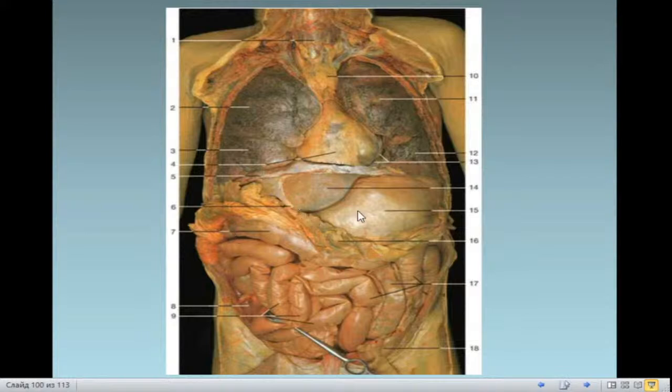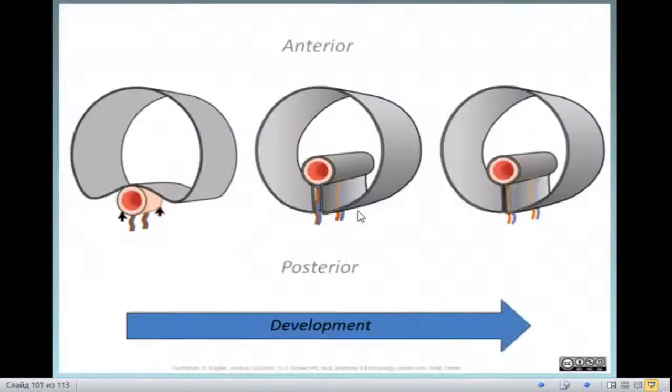In the abdominal cavity, the serous coating is called peritoneum, and it's a semi-transparent sac enveloping the organs, and all that is the visceral layer of peritoneum. And the parietal layer of peritoneum is just adjacent or close to the internal abdominal wall.